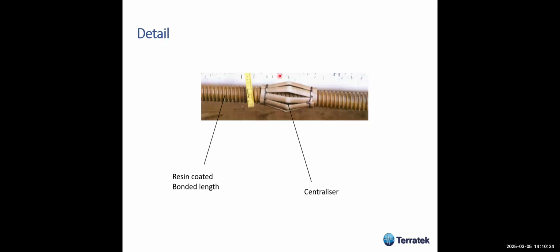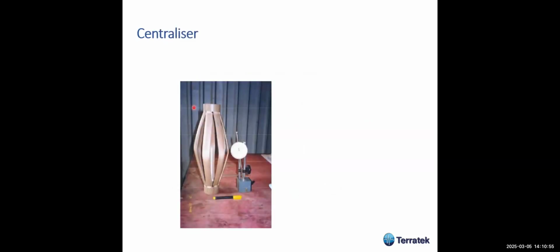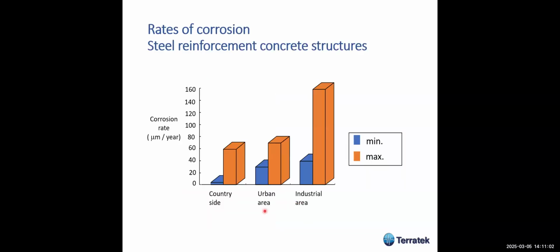This is the very simple one, which we can manufacture on site, and this is the resin-coated bonded length protection. Today, this is not very much used. I'll show you what kind of protection we tend to use more today. This is a typical homemade centralizer, but it works nicely.